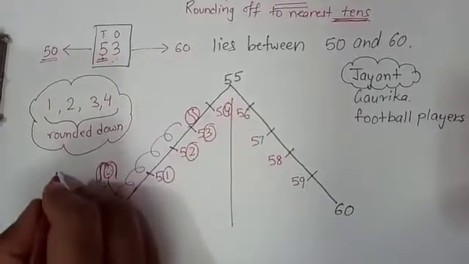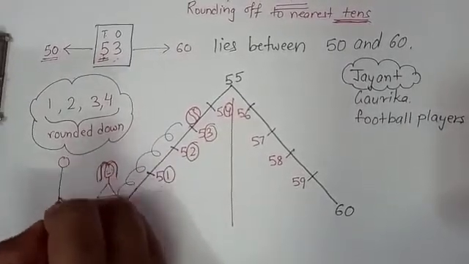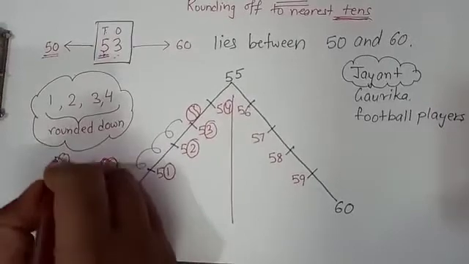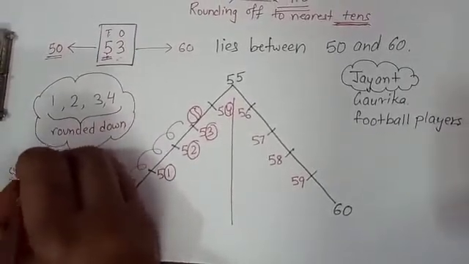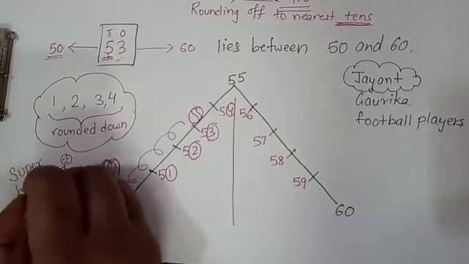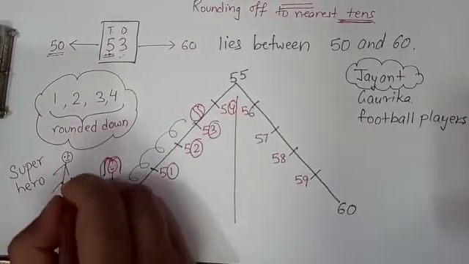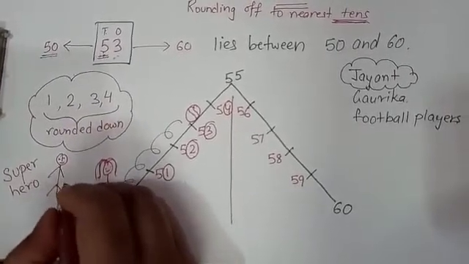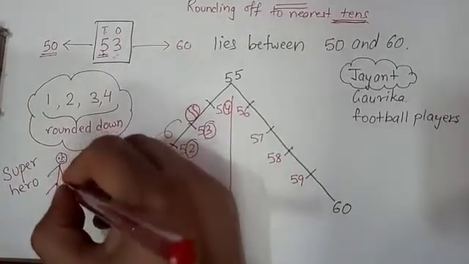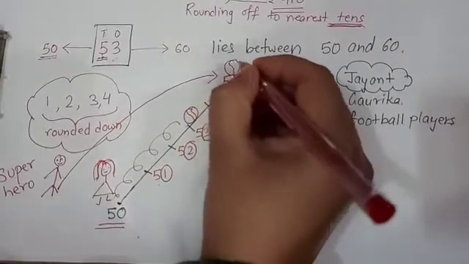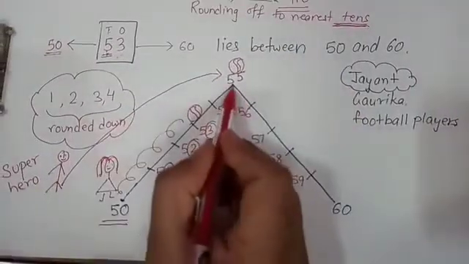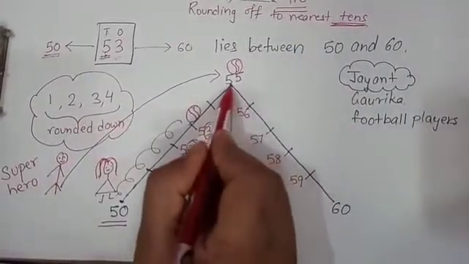Next turn came of Jayant. Now we have Jayant. Jayant is a superhero. With full energy, he kicked the ball and the ball flew to 55. What will happen if somebody is here?